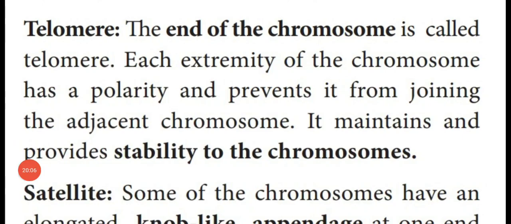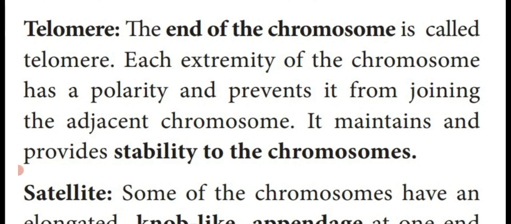The next region is the telomere. I told you the end of the chromosome or terminal part of the chromosome is known as telomere. This telomere shows polarity, that means polar regions, North Pole and South Pole, which prevents the chromosome from joining with adjacent chromosomes.